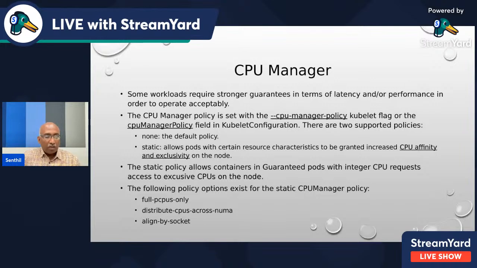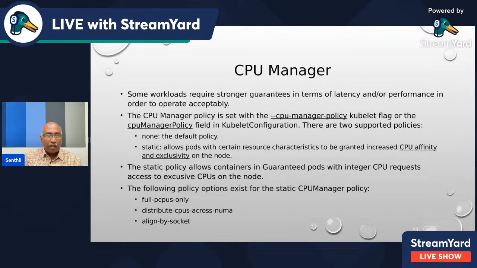For instance, if you request a container with two CPUs, and the CPU manager policy is set to static and the option is full pCPUs only, then two CPU cores are exclusively allocated for this container. And only this container can use that CPU core. No other process or containers can use that CPU core.